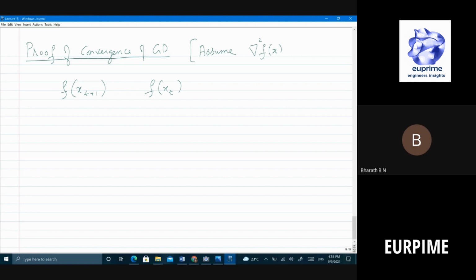It's greater than or equal to 0, right? If it is strictly convex, it's greater than 0. What other? Suppose I say that this is greater than or equal to some lambda times identity. Do you know what this means? What do you mean by a greater than or equal to b?